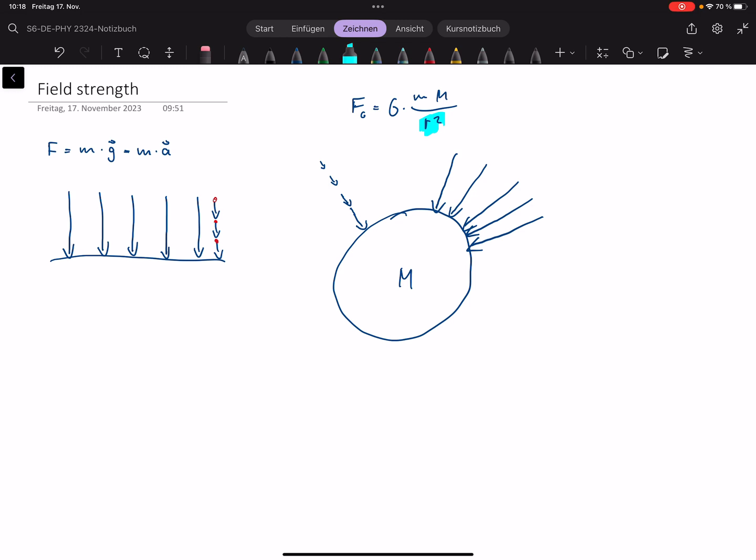So now we look at a new interpretation of this small g, and I'm gonna draw something.